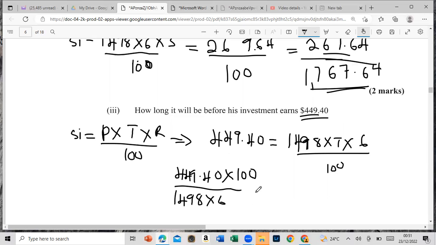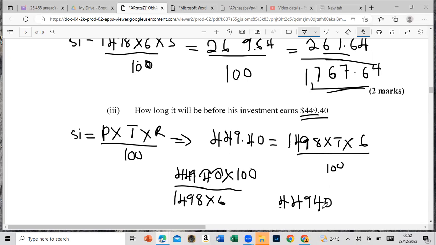All right, so let's work out that now and see how long. This just moves the decimal point two places. We multiply by 100, which gives us 4,494.0.